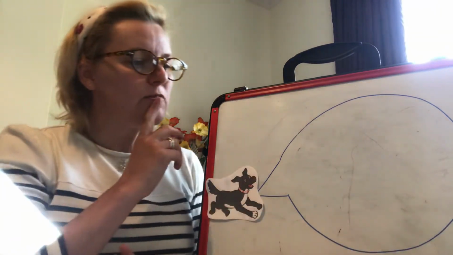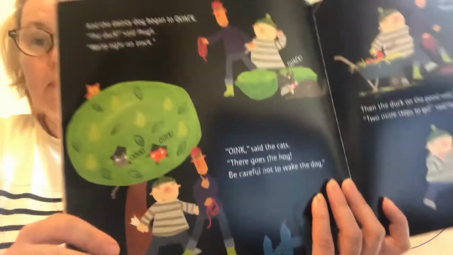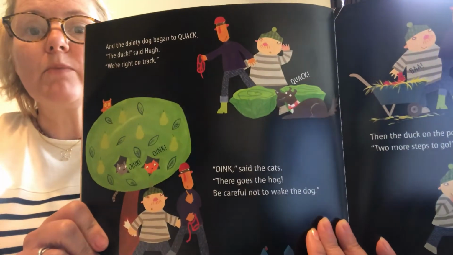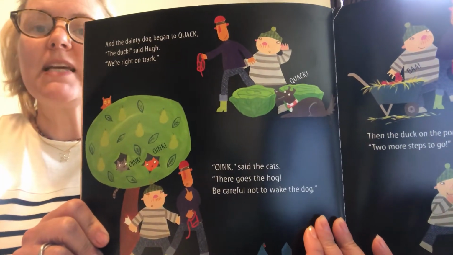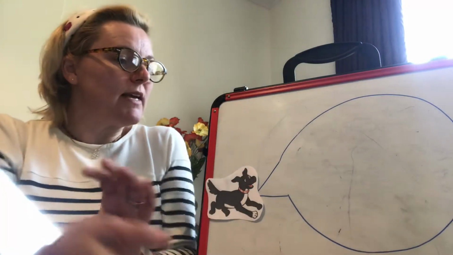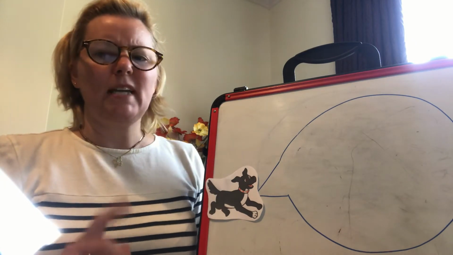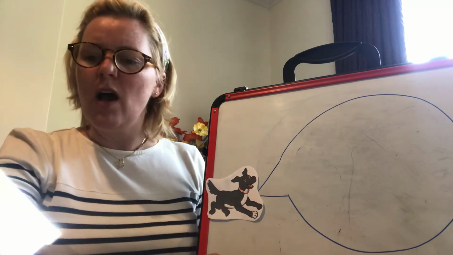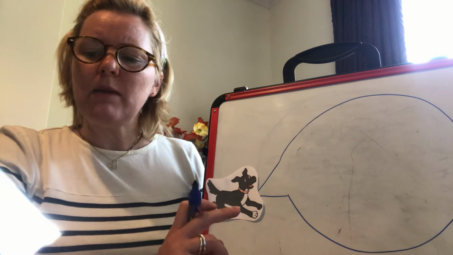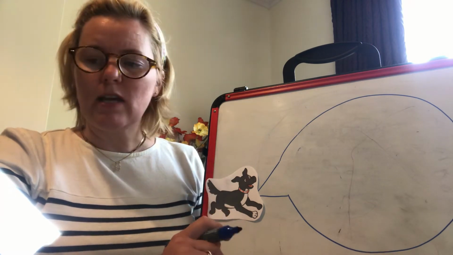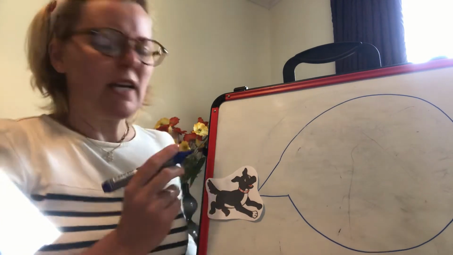And I'm going to choose the next page in the story, which is when the animals start pretending to be different animals. The dog in this says, and the dainty dog began to quack. We know that's not what dogs do, so I think this little dog might say, I like being a duck.